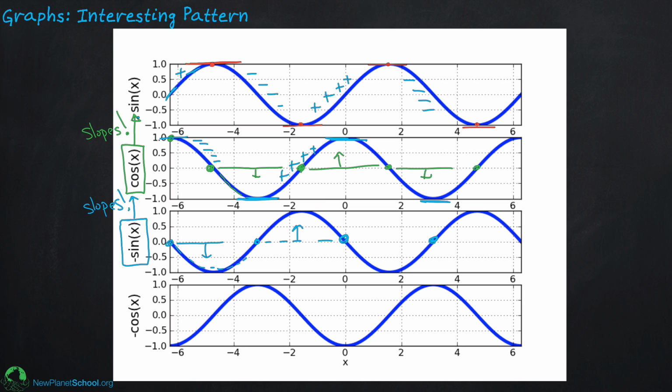If I do this twice, I take a curve, I find its slopes. From that curve I find its slopes, and if it gives me minus my original function, then that function must be the sine.